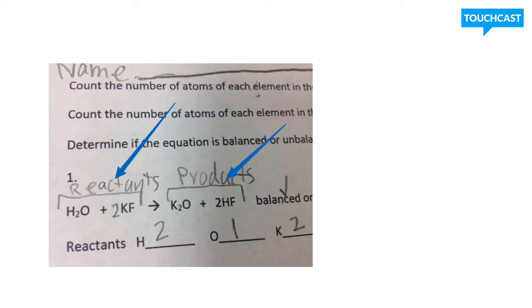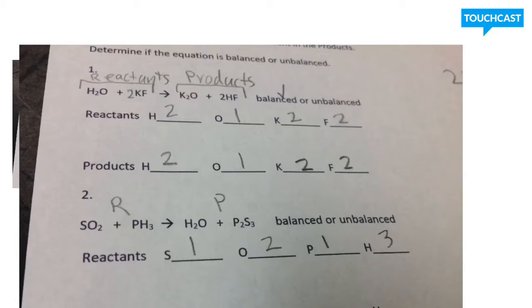So let's look to see if these are going to be balanced or unbalanced. The first step is you need to write down the number of atoms in your reactants. So let's do that real quick. The reason you have 2 hydrogens in the reactants is there's no coefficient, so you don't have to multiply anything, and you have this subscript of 2.